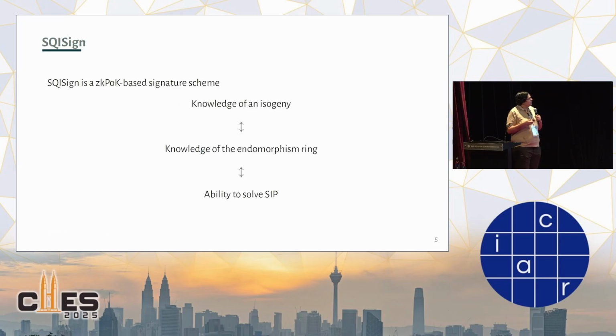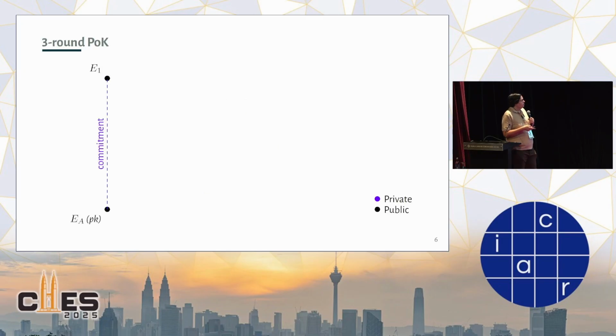So with this in mind, SQIsign is basically based on a zero-knowledge proof of knowledge, where the secret is the knowledge of an isogeny, which translates into a knowledge of the endomorphism ring of a curve. And you demonstrate this knowledge through your ability to solve the supersingular isogeny problem. So concretely, what you do is this.